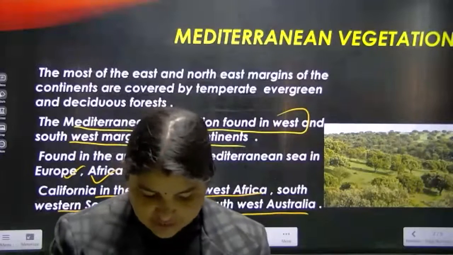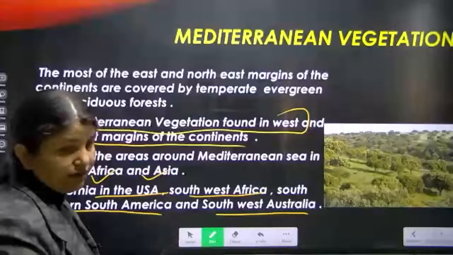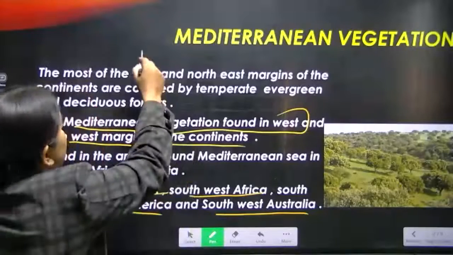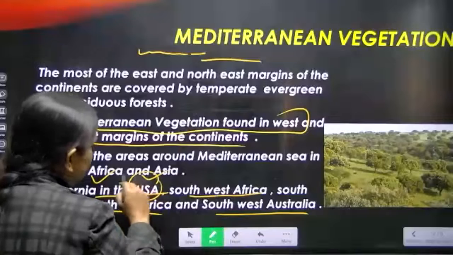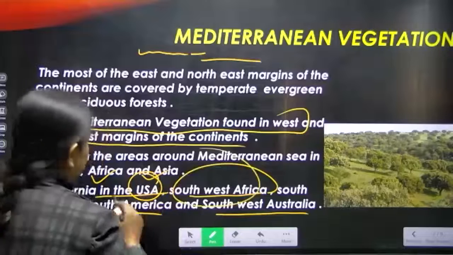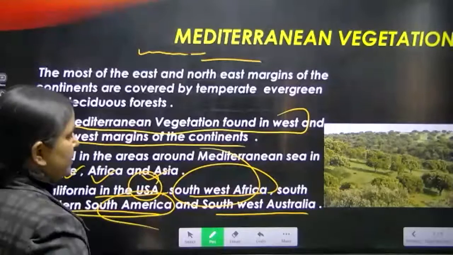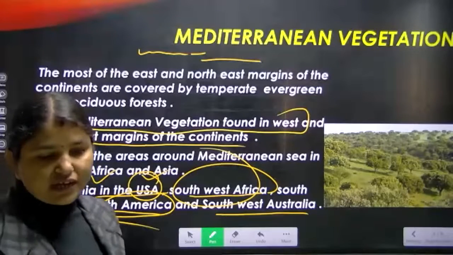Look here once again and just see your topic. If anyone particularly asks you, like suppose a question is there in your exam, Mediterranean vegetation we find in blank. The options are USA, Southwest Africa and Southwest South America, and the fourth option is all of these. So what is our correct answer?